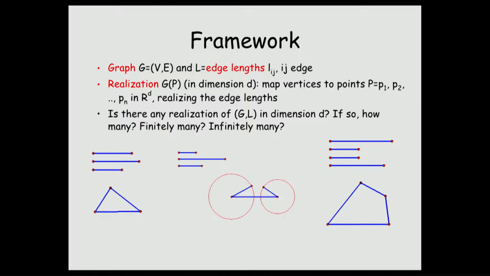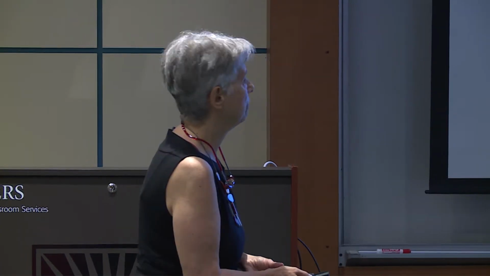And of course, immediately questions like this come up, and we've heard a lot of them during this workshop: is there any realization in that given dimension, and if there is one, so sometimes the space of solutions is empty, but if there is one, how many? Finitely many, infinitely many, and so on, questions of this nature.